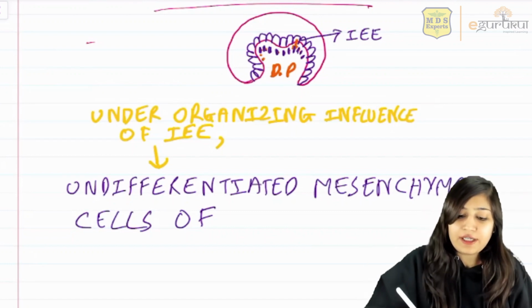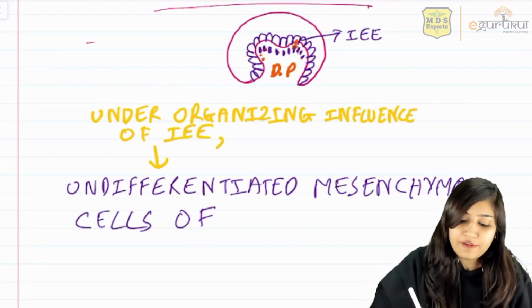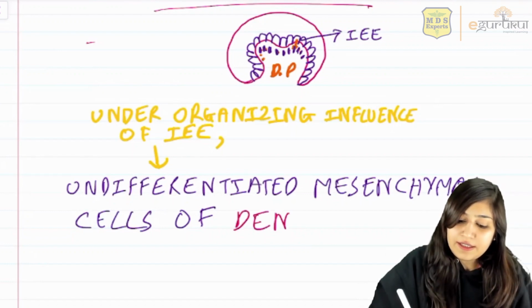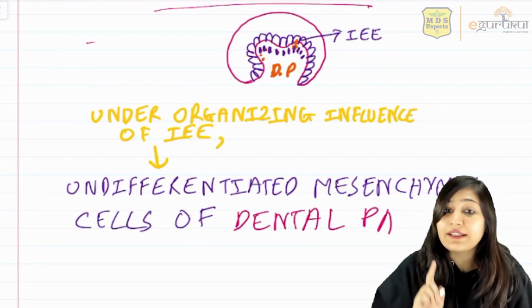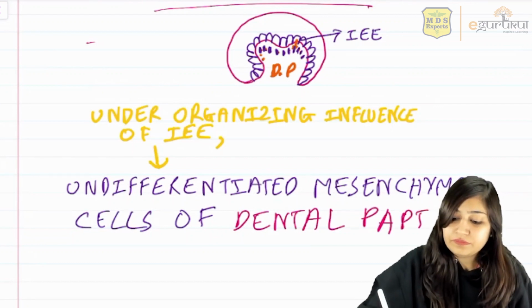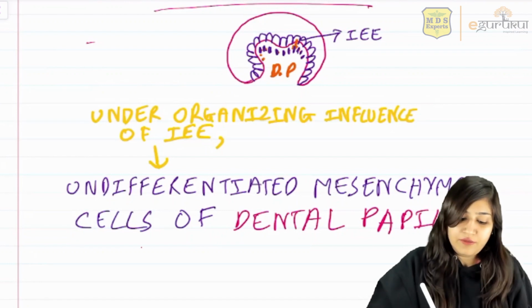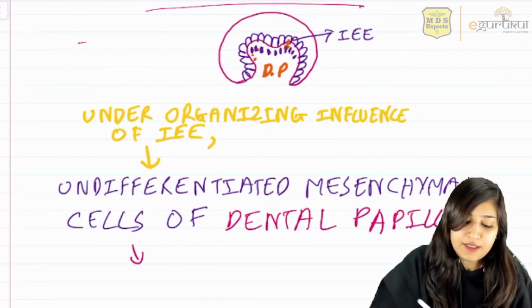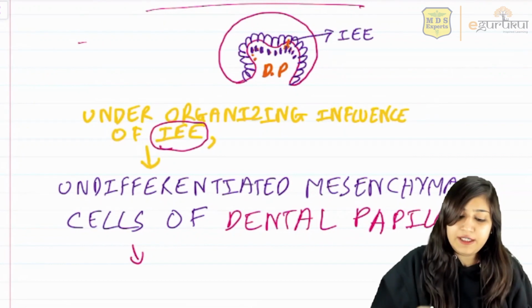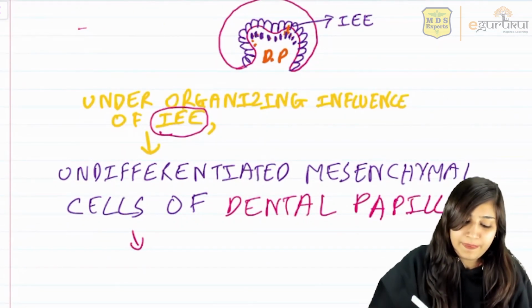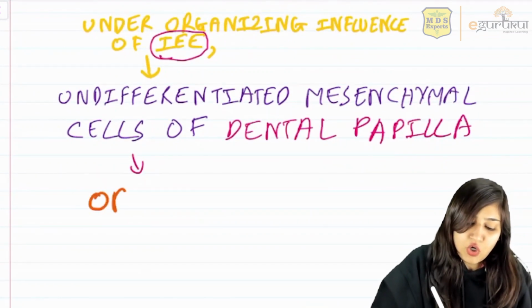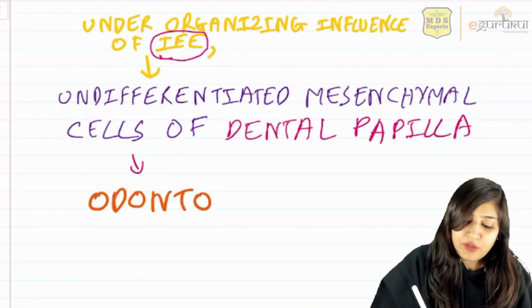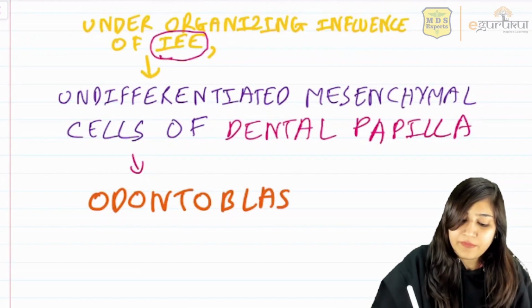So undifferentiated mesenchymal cells of dental papilla, not dental sac, dental papilla, under the influence of inner enamel epithelium, will differentiate into which cells? Odontoblast cells.